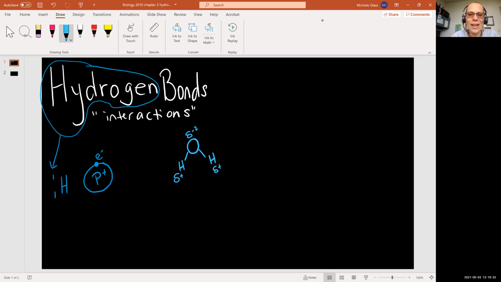Okay, so if we're going to draw another water molecule, we want to position it such that the negative charge of the oxygen is closest to the positive charge of the hydrogen. And so we get this attraction here. If I draw another water molecule here, I might go this way with it.